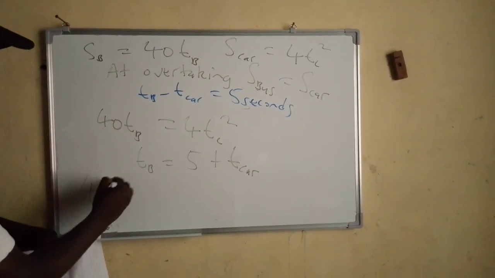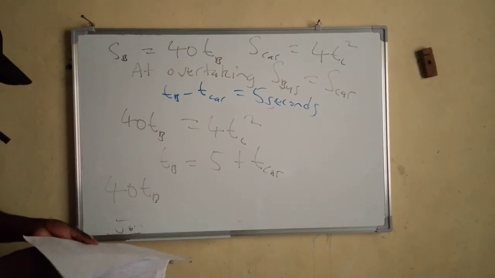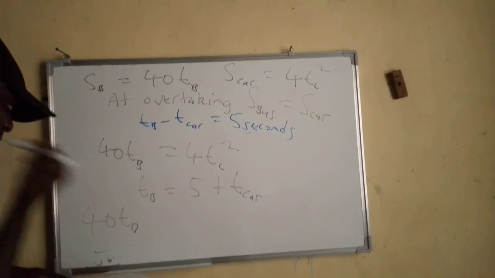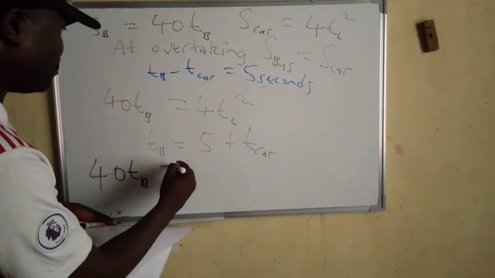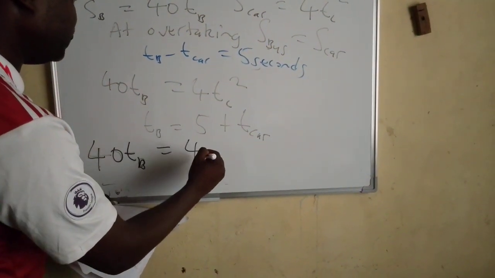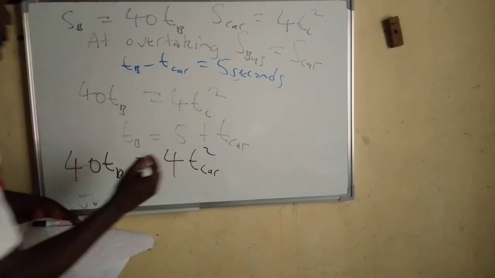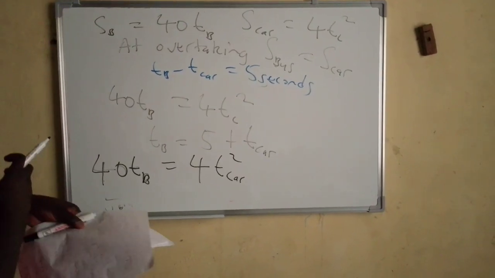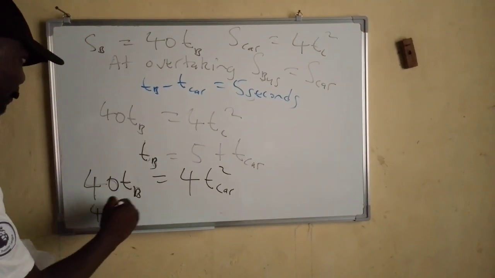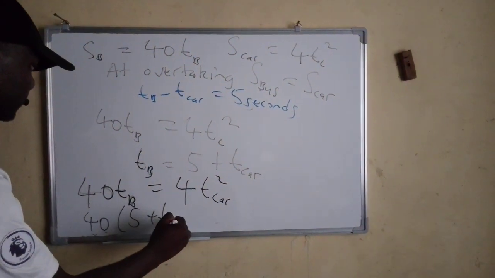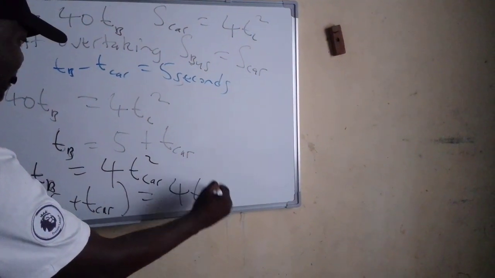Then we'll have an equation like this: 40 times (5 plus t car) is equal to 4 t car squared.